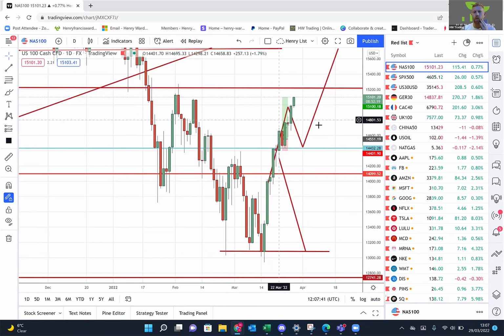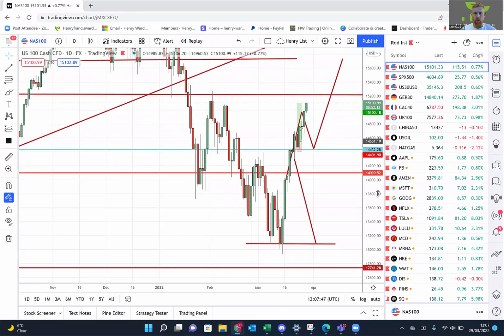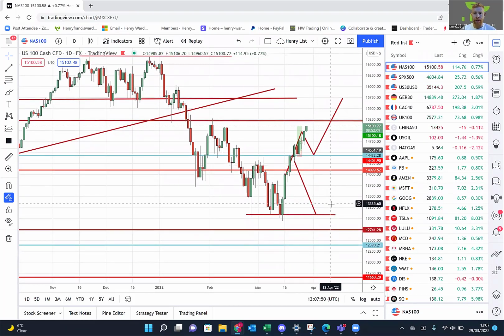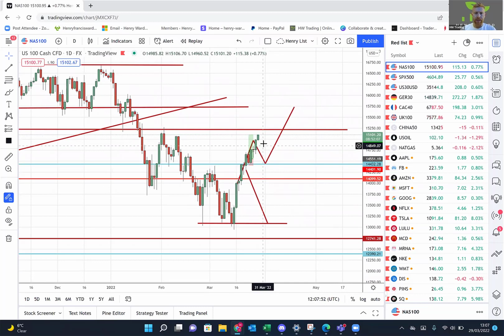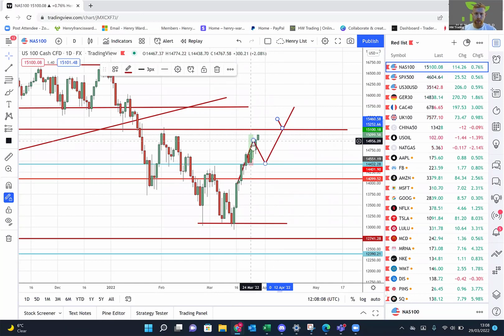So it depends on now what we're looking to do. Looking at this market at the moment, what do you guys expect to happen? Do you expect it to hit its head and come back down? Or do you expect it to break and retest? So which scenario are we expecting to happen? I'm just going to move this out of the way for a second.